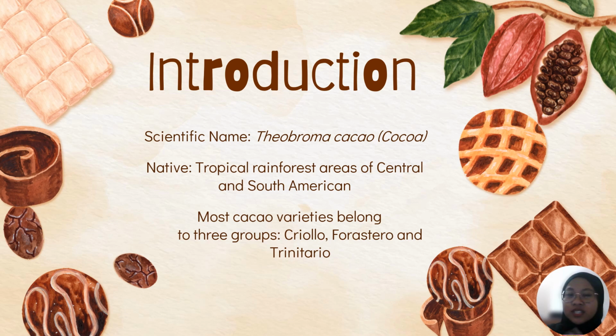The scientific name of cocoa is Theobroma cacao and it is native to the tropical rainforest area of Central and South America. Traditionally, cocoa varieties belong to three main groups, which are Criollo, Forastero, and Trinitario.